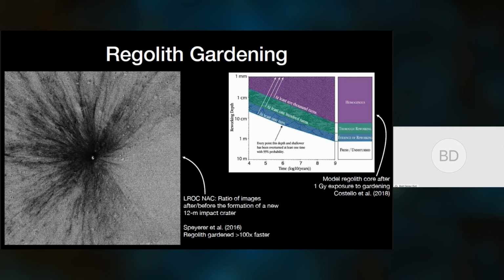And then on the right-hand side there, we can see how Emily Costello has taken this new information on the effects of ejecta and secondary cratering and revised an old model from Don Galt to show how gardening generally manifests over time and with depth, going from homogeneous, reworked regolith at the top to fresh material that has not really been disturbed since its emplacement at depth.